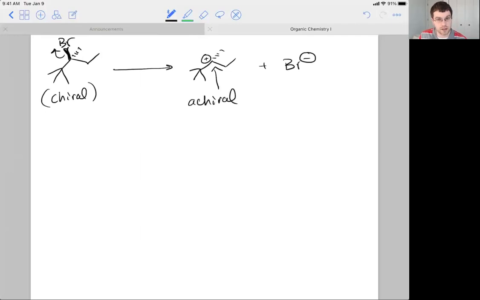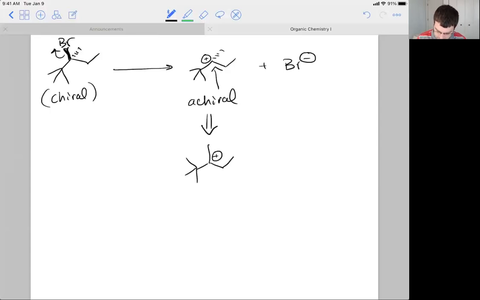It is no longer non-superimposable on its mirror image. Actually, it's flat. The plus charge is sitting at a carbon that no longer requires a wedge and dash. We can draw everything perfectly parallel to the piece of paper.